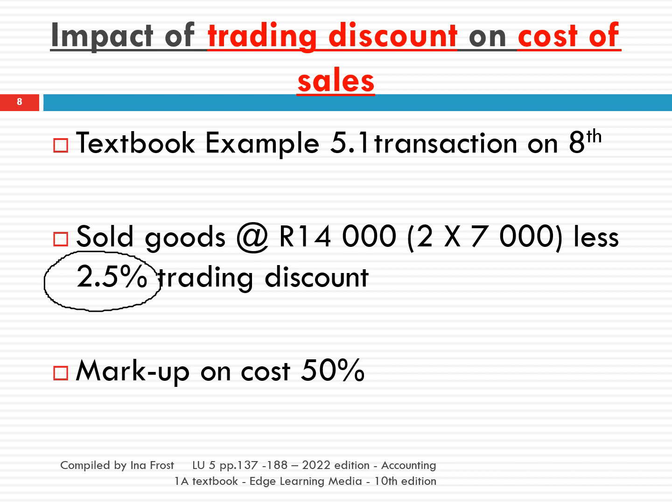We've already said that we're going to record the sale at the amount minus the discount. But now we also need to work out the cost of sales for this particular transaction. And for this transaction, there was a markup of 50% on the cost price.